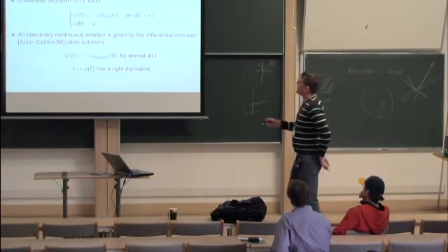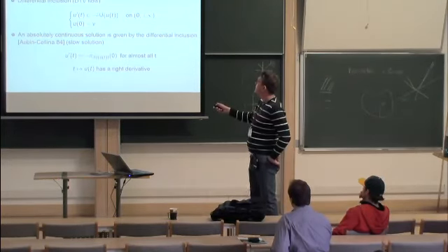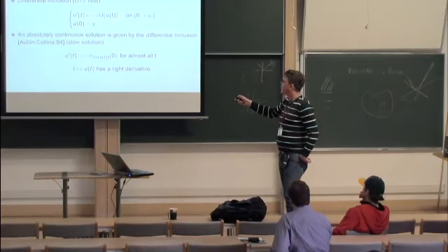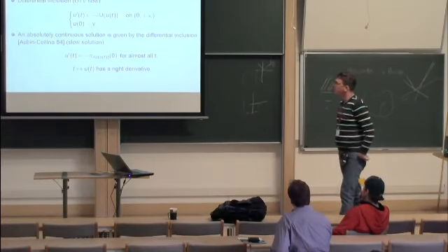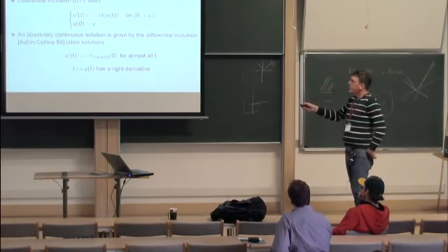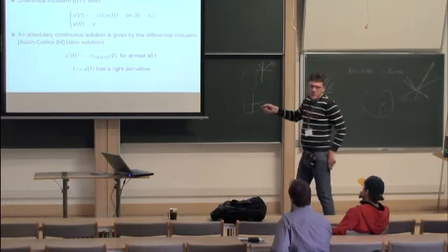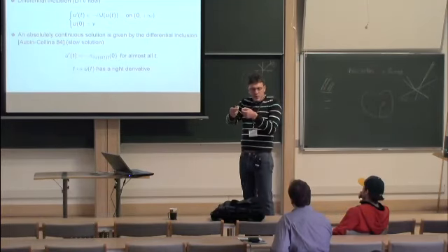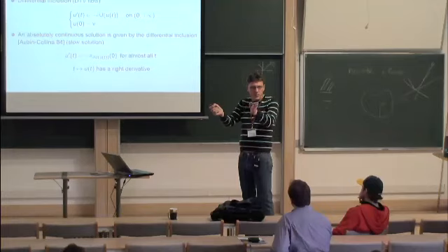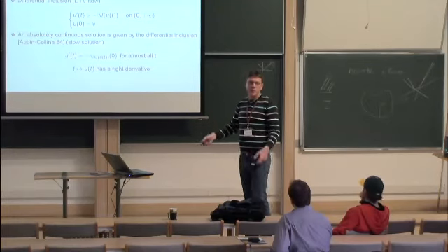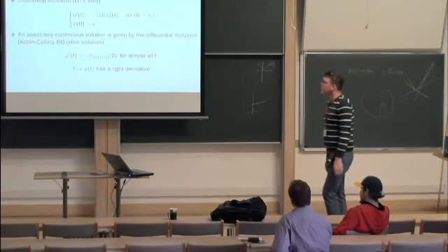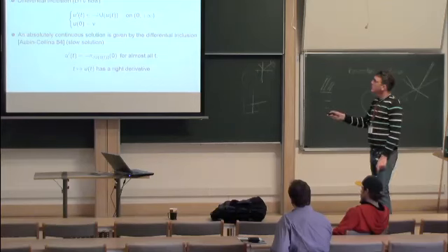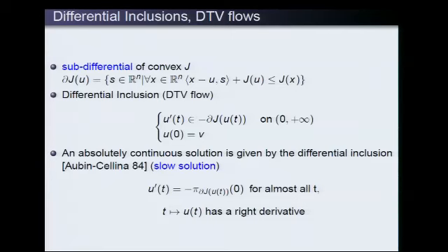So the differential inclusion is essentially du over dt belongs to this set, and you start with v. So here, since it's not differentiable, sometimes you have many possible directions to follow. So you can define many kinds of trajectories. But we are interested in one trajectory. You can show that there is an absolutely continuous solution, and it is unique, of this problem. Essentially, you can write u of t as the integral of its derivative.